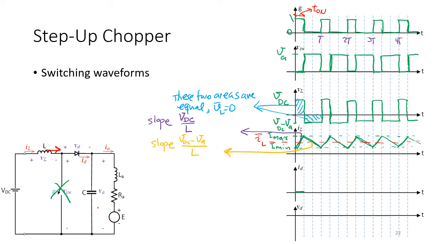So here, if this is Imax and here is Imin, it will come like this and then like this, and it repeats itself.